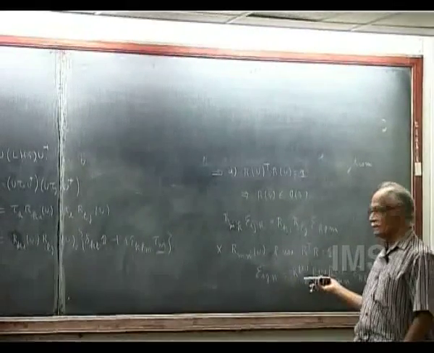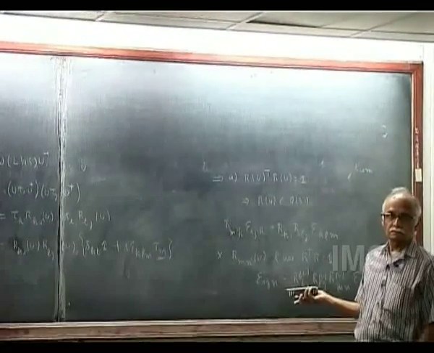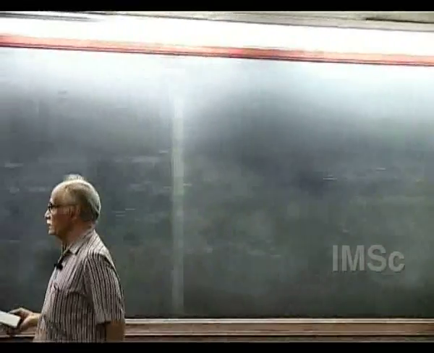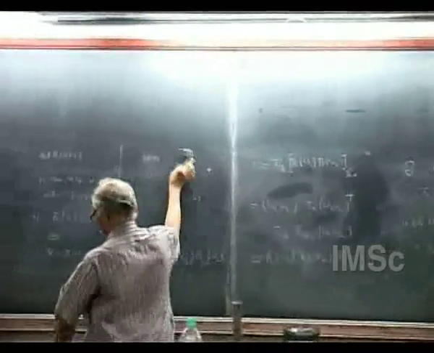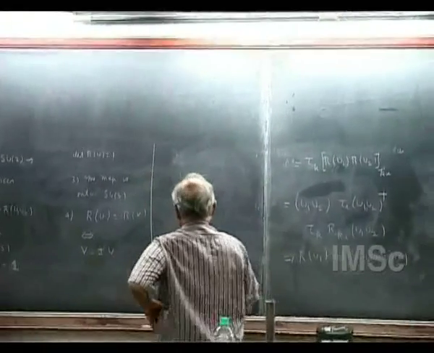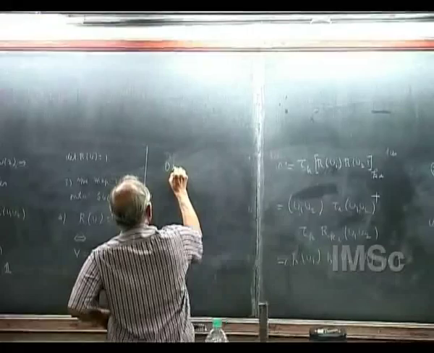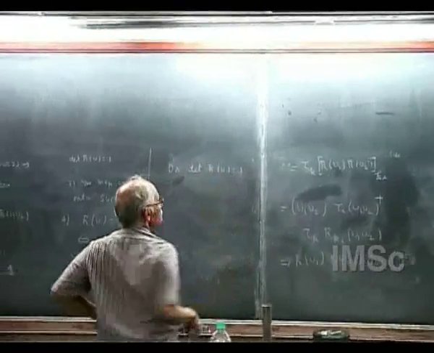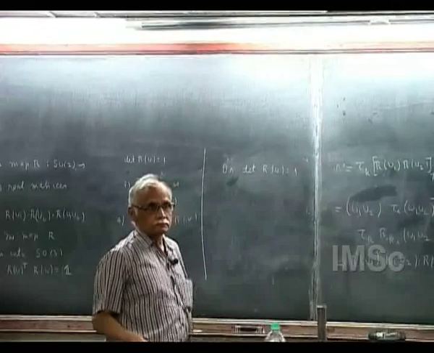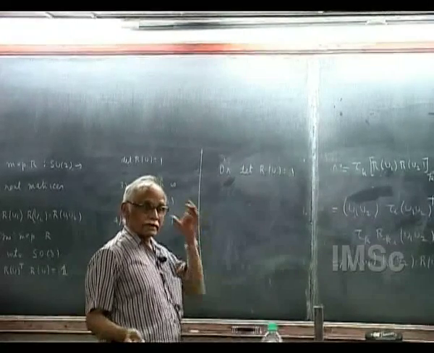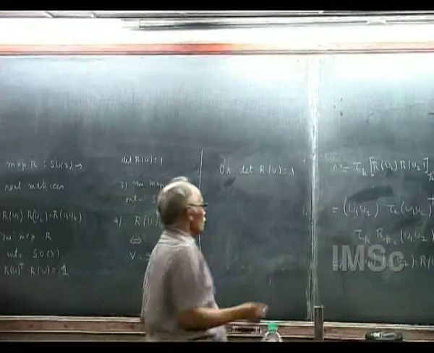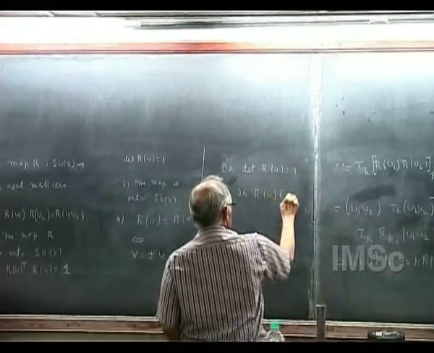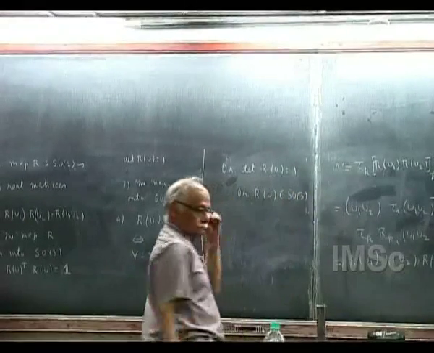So this is saying that the determinant of R of u is 1. This is the equation which defines the determinant. So this proves that the determinant of R of u is equal to 1. So what I have proved is that R of u belongs to SO3.